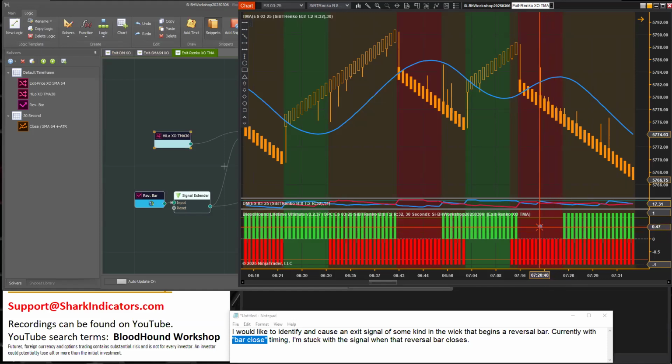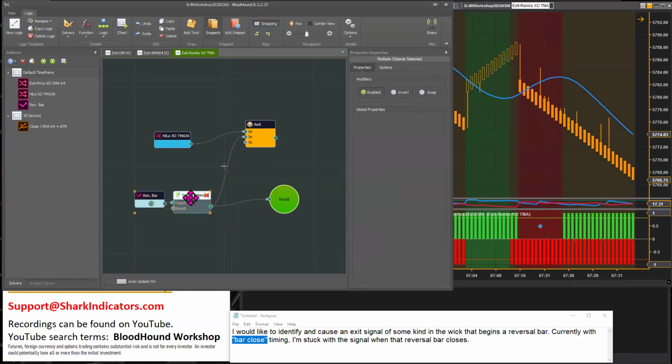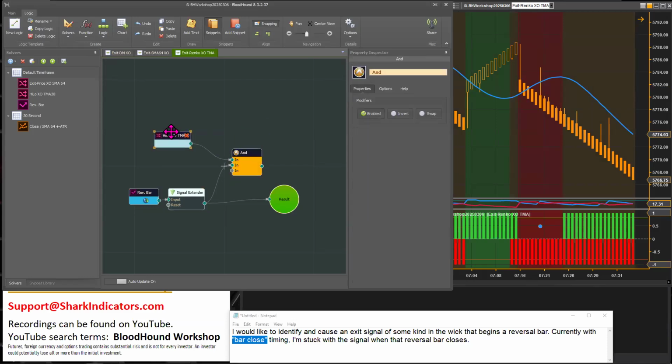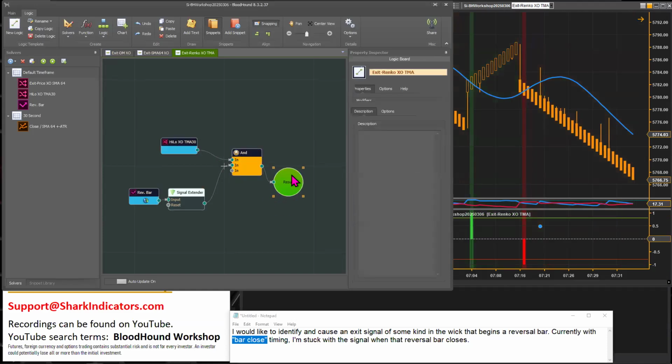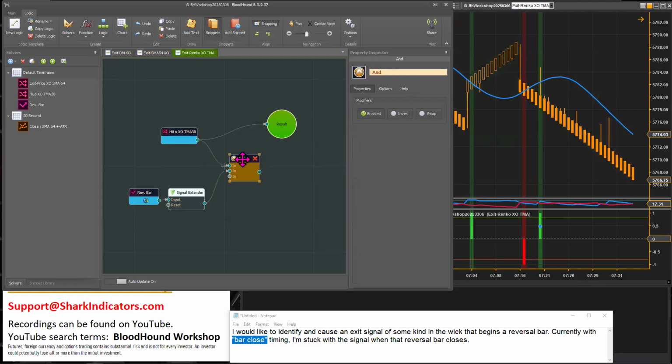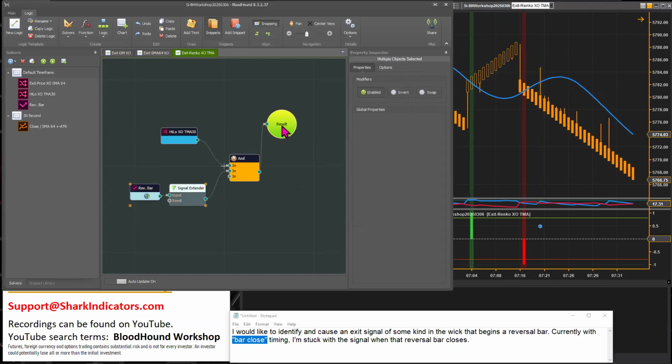So there's no long output here coming from this part, then the AND node removes the exit signal there. So there is our exit signal. If we look at just the exit signals, but then with the AND node and our removal logic, I guess you could call this the removal logic there. And there we go.